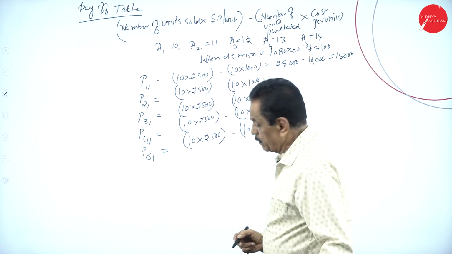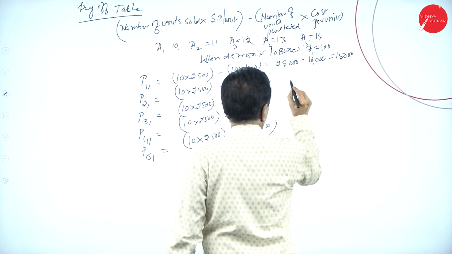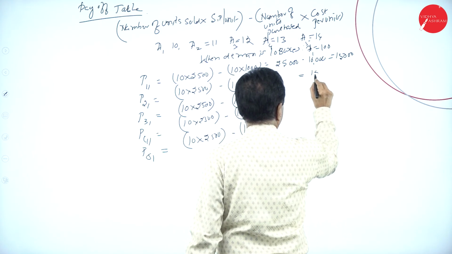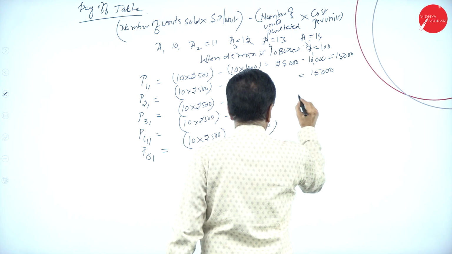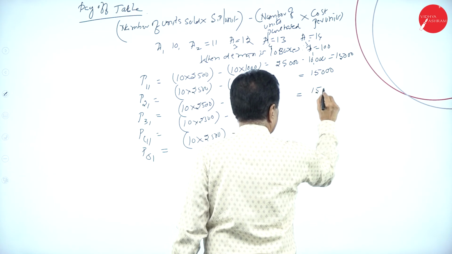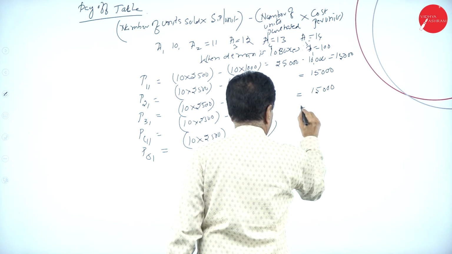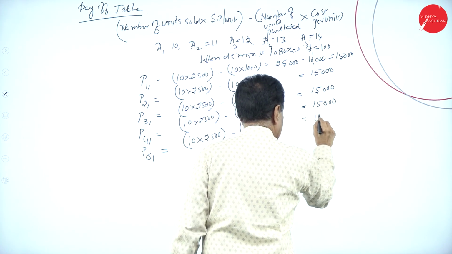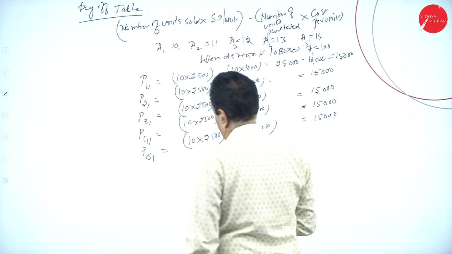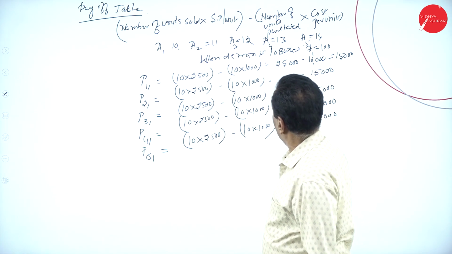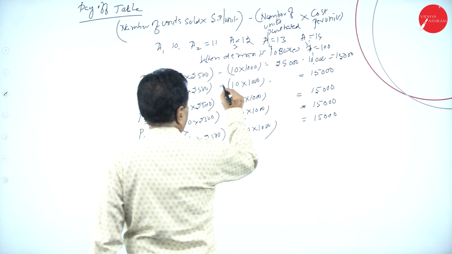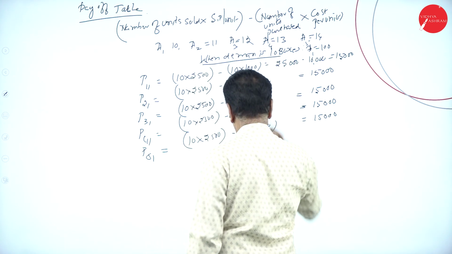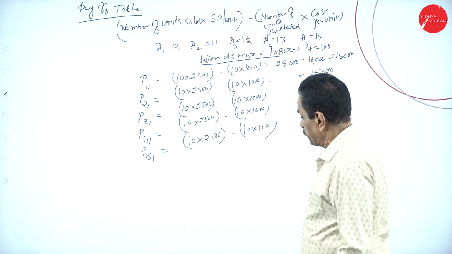Same thing for all. P2 also 15,000, 15,000, 15,000, 15,000. This is how it goes when demand is 10 boxes.